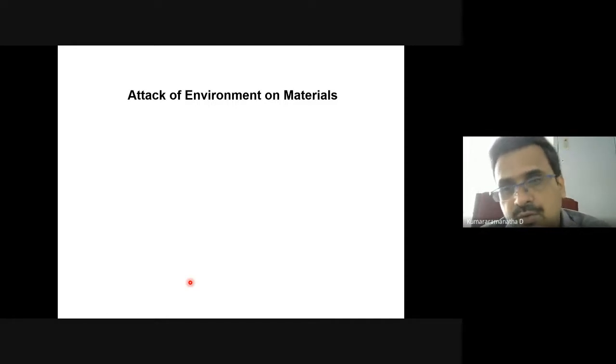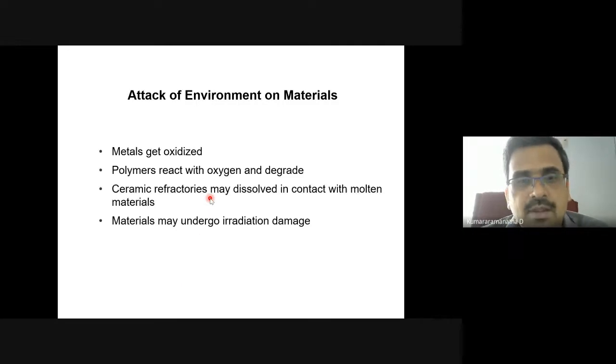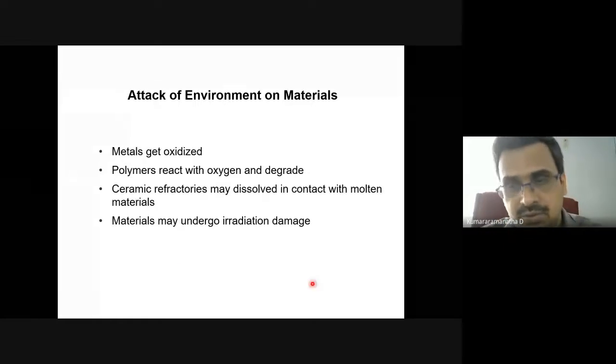Now, what all of you told is with respect to iron, but you can have metal oxidation, or how polymers also get degraded by reaction with oxygen, or how ceramic refractories get dissolved in molten materials, or irradiation-based damage. These are all termed as corrosion. Corrosion doesn't mean only iron getting oxidized. We have several other points as well.